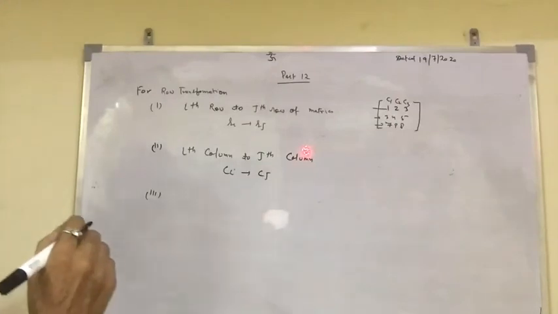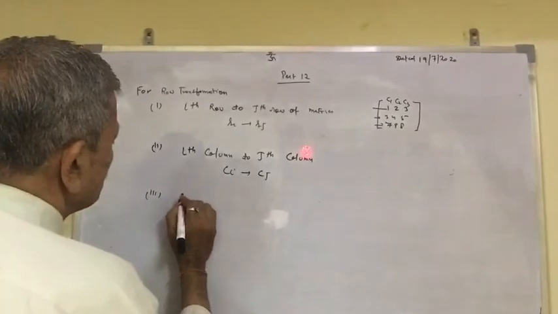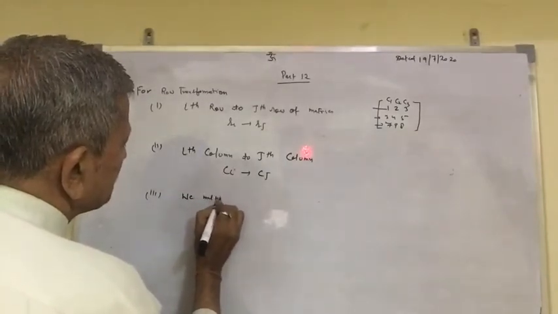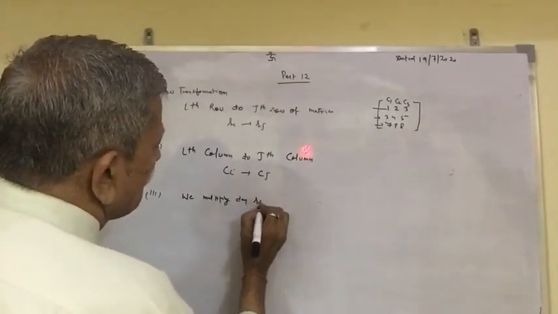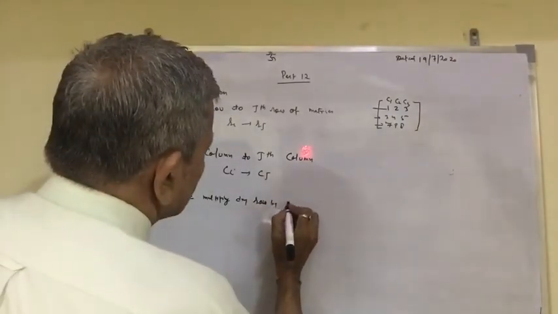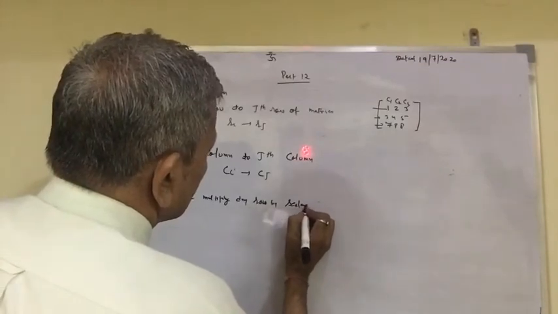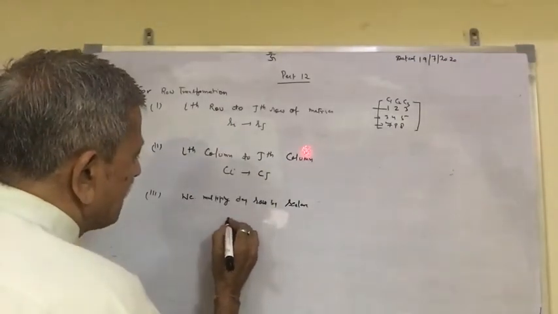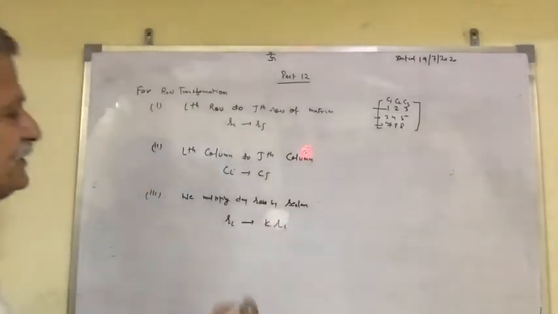I write Ri to k times Ri, which means we multiply any row by a scalar. If I multiply Ri by k, k is your scalar.